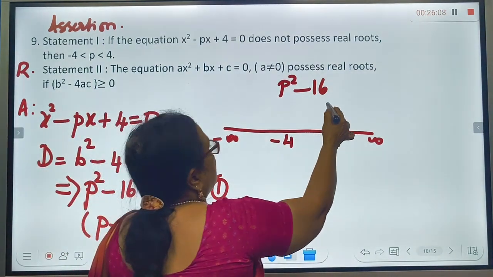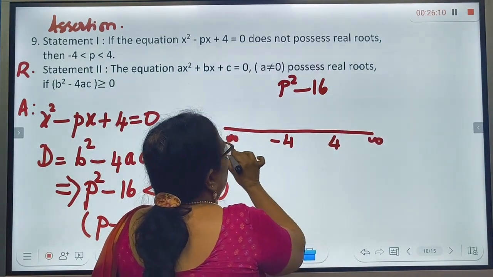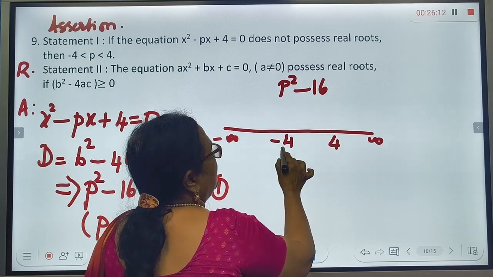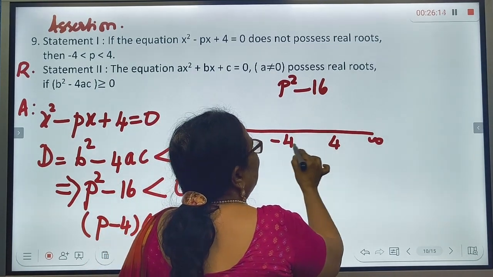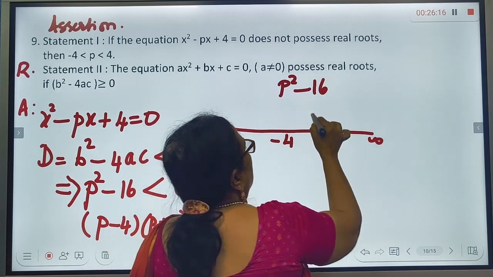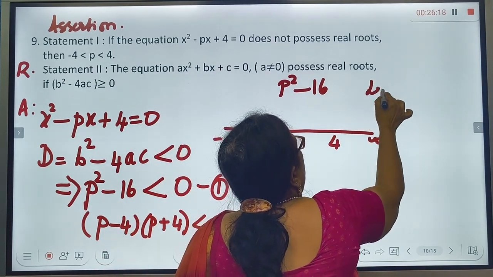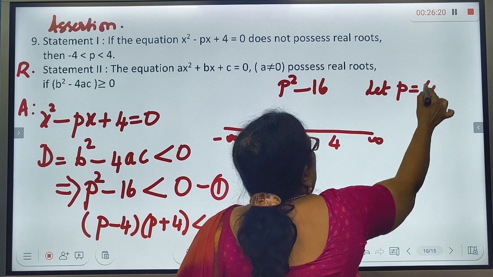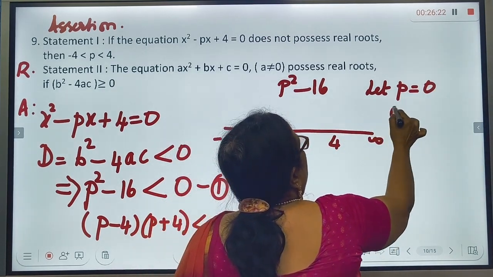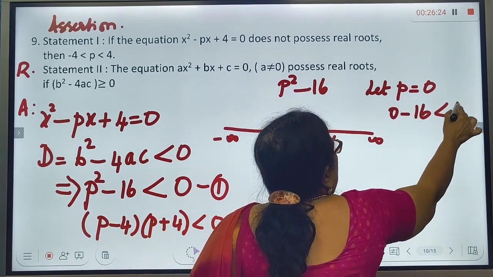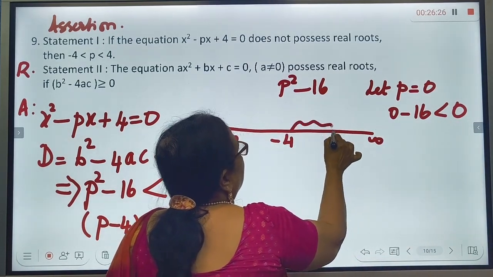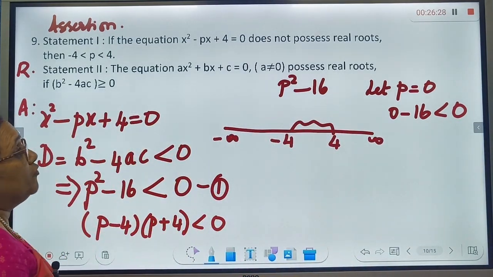So p square minus 16, where will it be less than 0? I have written the factors of p square minus 16, minus 4 and 4. Let me take any value between minus 4 and 4. Let p be 0. Then 0 minus 16 is less than 0. So the required interval is minus 4 to 4.